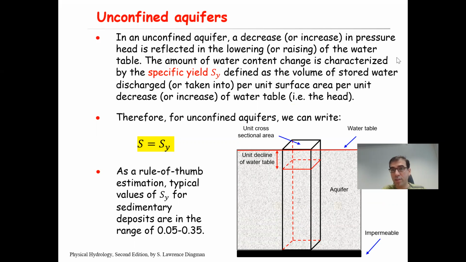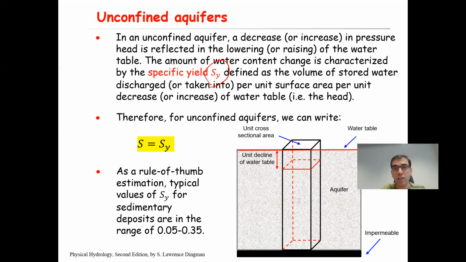The amount of water content change is characterized by the specific yield, represented by Sy, defined as the volume of stored water discharged per unit surface area per unit decrease of water table. That is the change in the volume of the stored water discharged or taken in per unit surface area per unit decrease of the water table, which is per unit decrease of head.